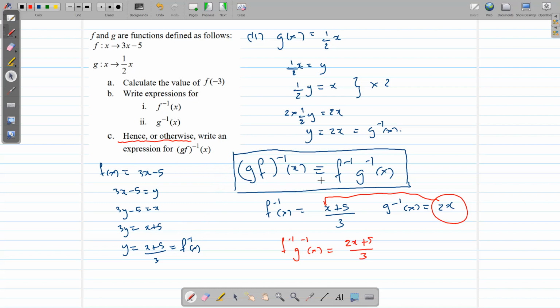If you do not know, then the other thing to do would be to find the composite function first and then find the inverse of it.